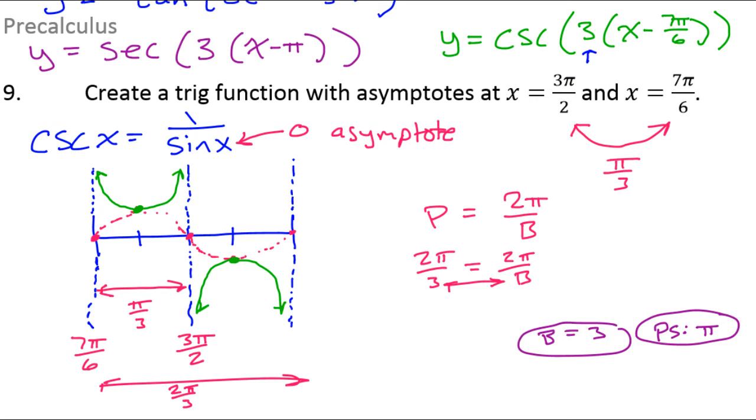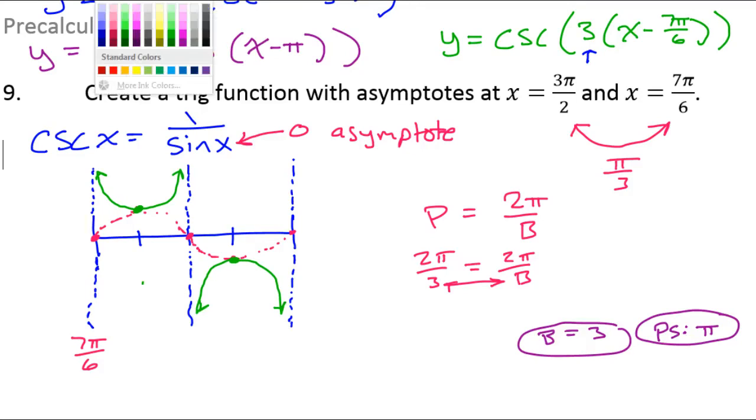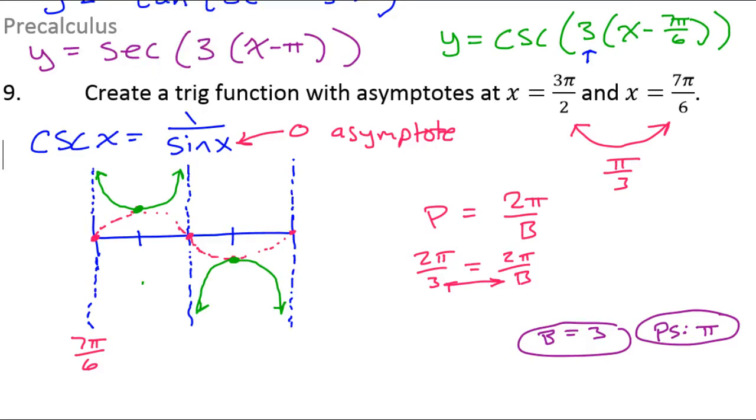But I'm going to go ahead and write one more equation, because what if instead of using the middle as one of the two asymptotes we're supposed to have, what if I use this asymptote over here? Which would be easy to do based on the sketch. So there's no reason why I wouldn't. So this could be 3 pi over 2.